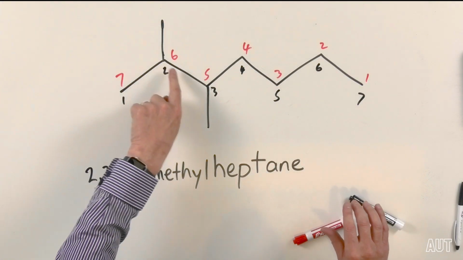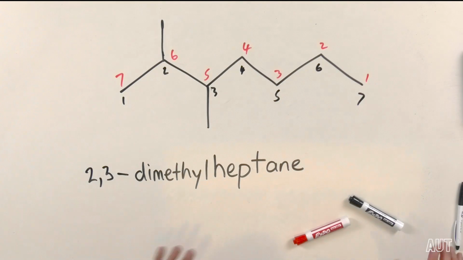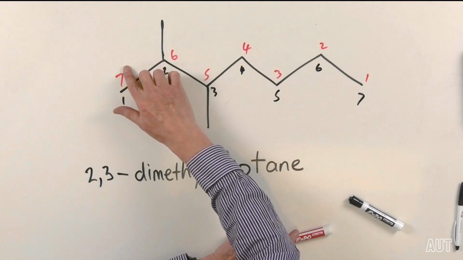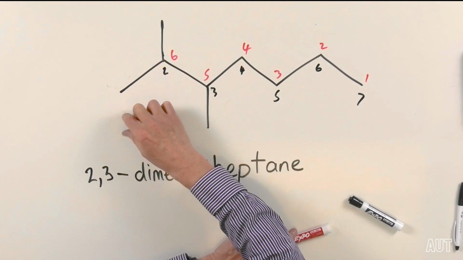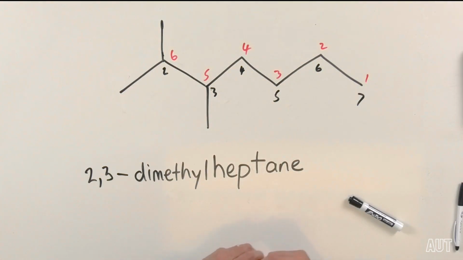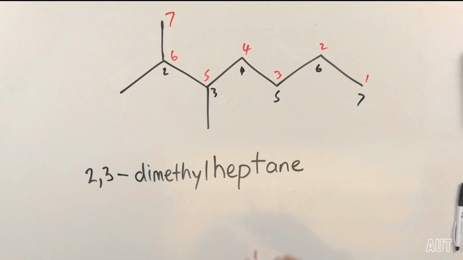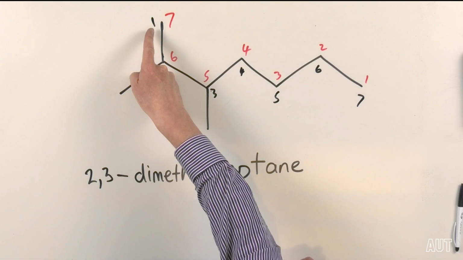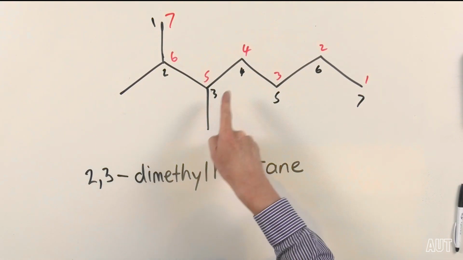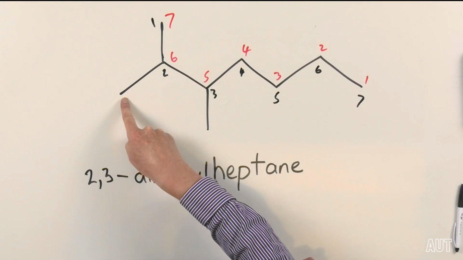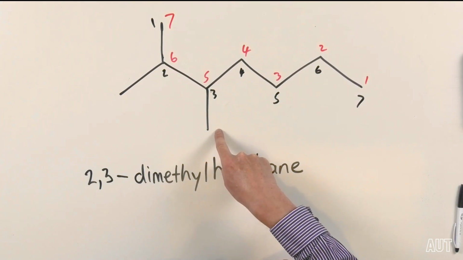What happens if you do use this other chain? Let's show that it gives you the same thing. In order to do that, we only have to change one piece of numbering. We're going to call that either 7 in red or 1 in black. If we do that, you can see that you get the same thing. Numbering in black, 1, 2, 3, 4, 5, 6, 7, we have a substituent at carbon 2 and a substituent at carbon 3.